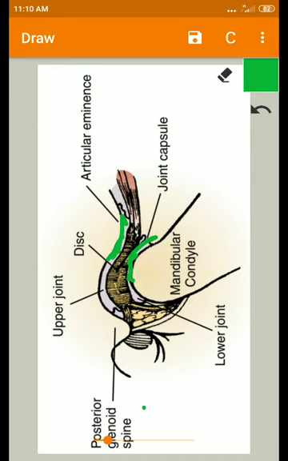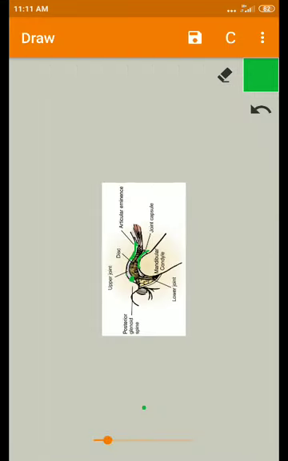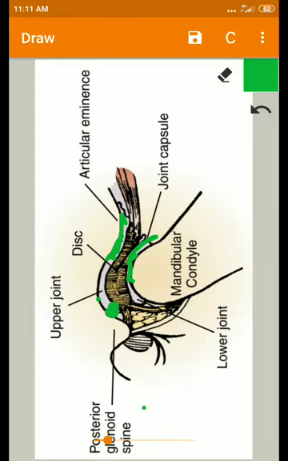These are the articular surfaces of the temporomandibular joint. At these areas it is covered with fibrocartilage, and the remaining joint space is covered by synovial membrane.